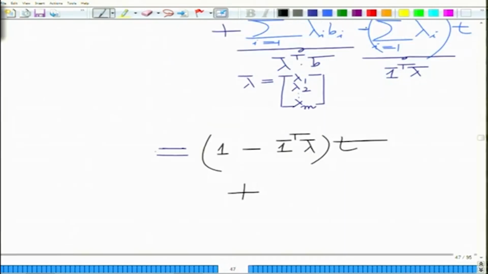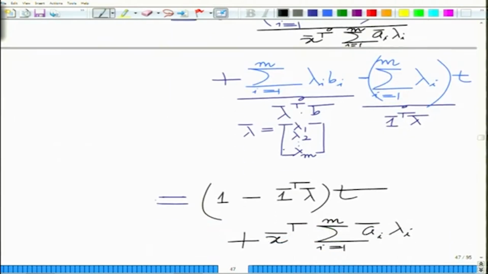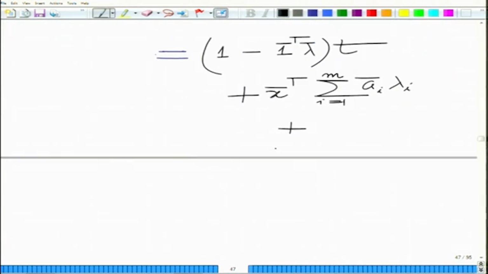It is very convenient to write it that way. Plus you have this quantity lambda bar transpose b bar, that is summation lambda i bi. Now, observe something very interesting.